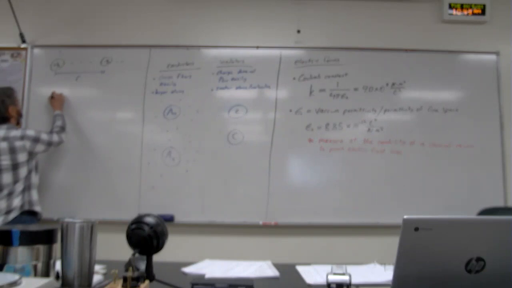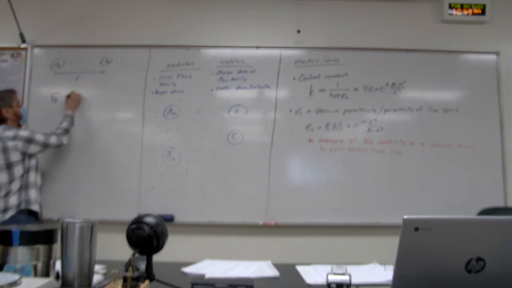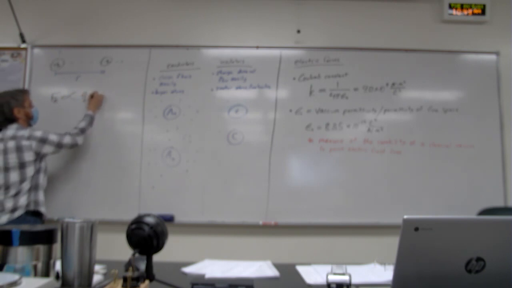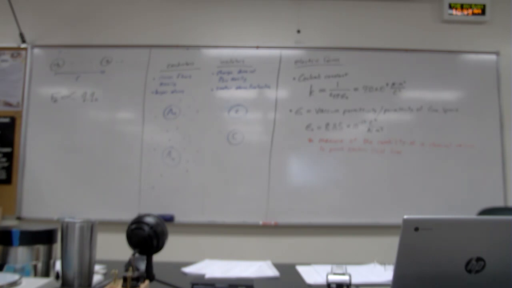First of all, the electric force, which I'll put Fe, is directly proportional to the product of the two charges, just like the gravitational force is directly proportional to the product of the two masses. Very interesting how nature is kind of similar in this way.